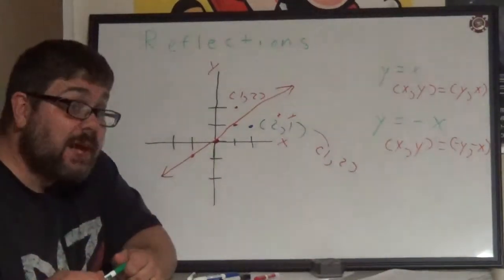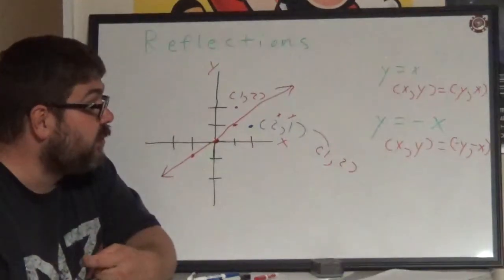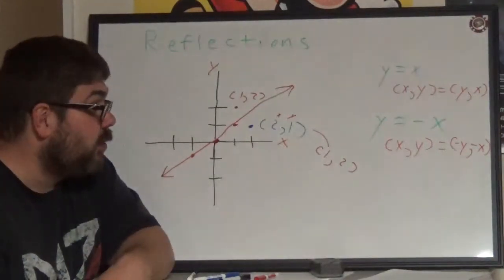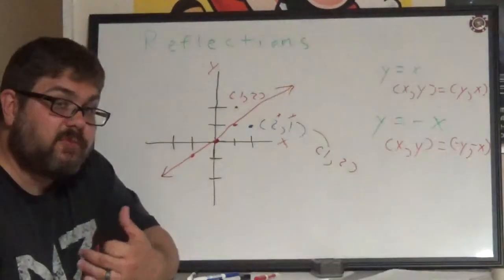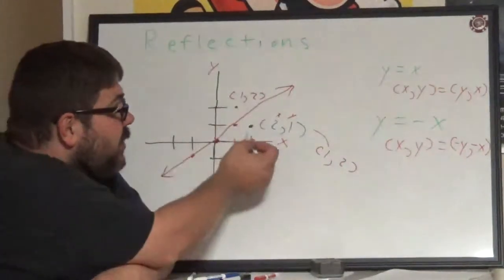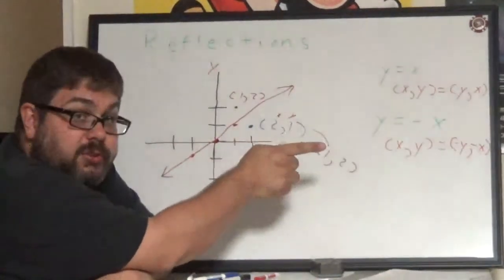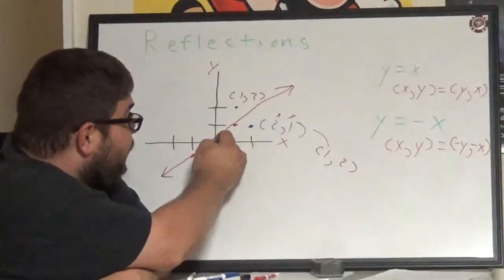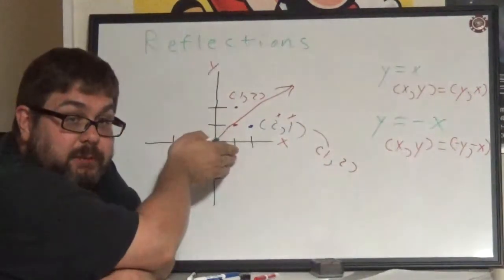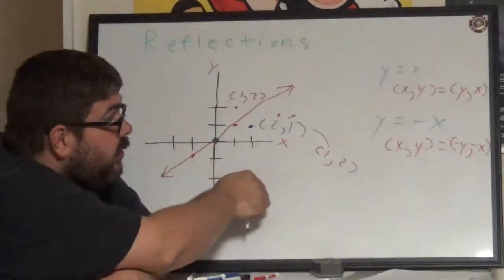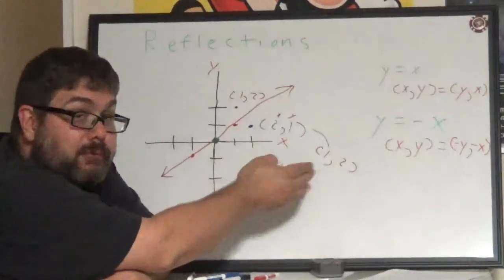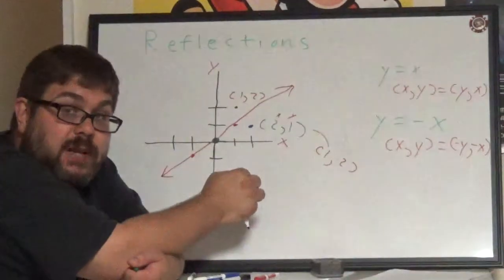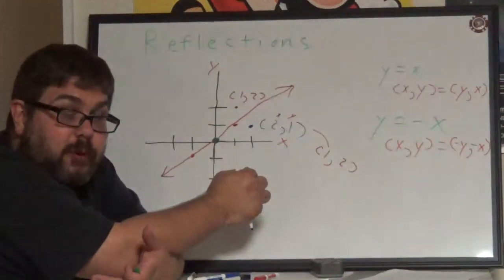Now to find y equals negative x, we're going to do the same thing, flip the numbers, but because it's a negative x, now we're going to flip the signs on both numbers. So when we graph y equals negative x, again, we have no constant, so our constant is still 0, and that means the y-intercept is still 0. The coefficient of x is now negative 1, because that's what the negative sign tells us, therefore we have a slope of negative 1.